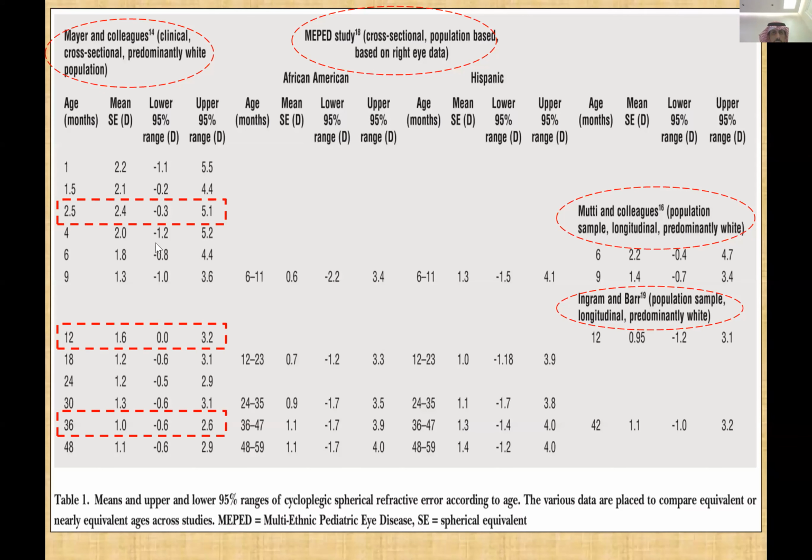This table is showing multiple different studies showing the mean spherical equivalent and the upper and lower 95% limits.